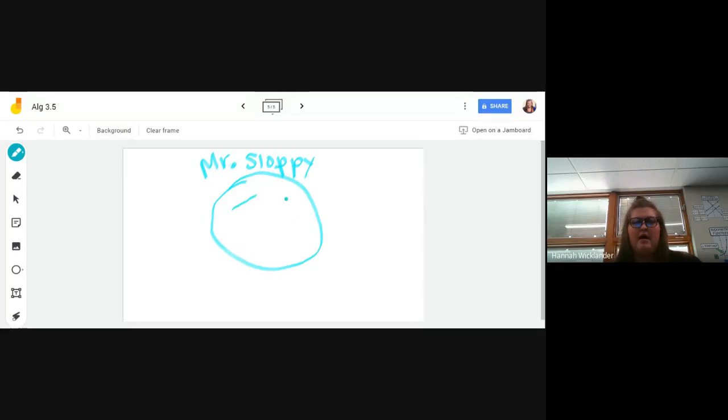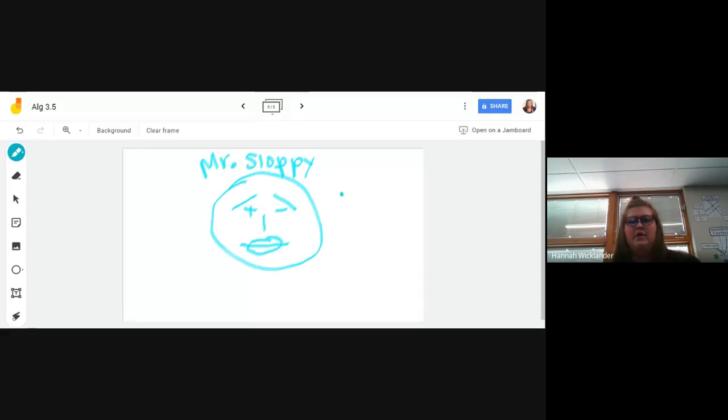We have all of his body parts made of slope. So this eyebrow is made of a positive slope. This eyebrow is made of a negative slope. His nose is made of a no slope or undefined slope. And then his mouth is made of a slope of 0.